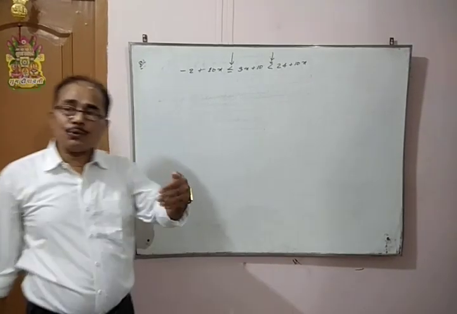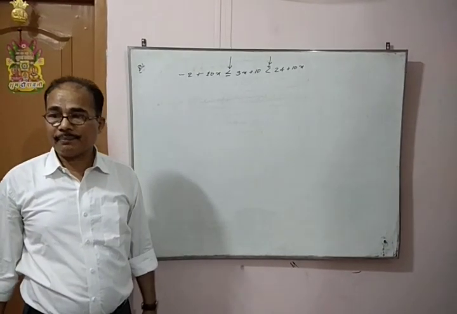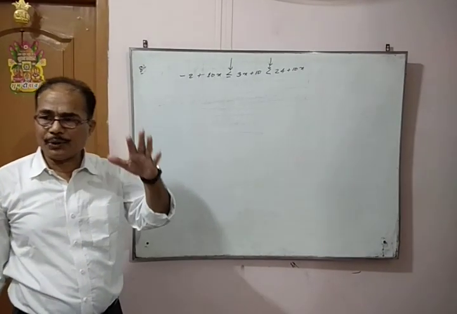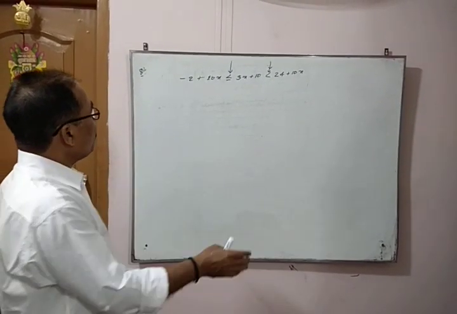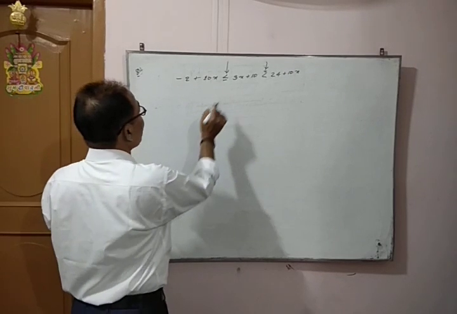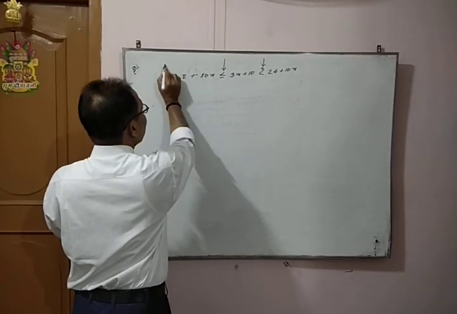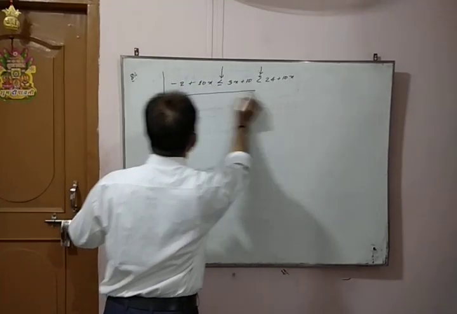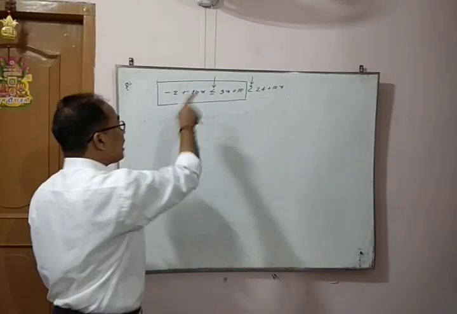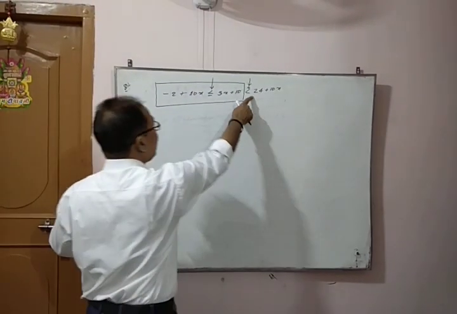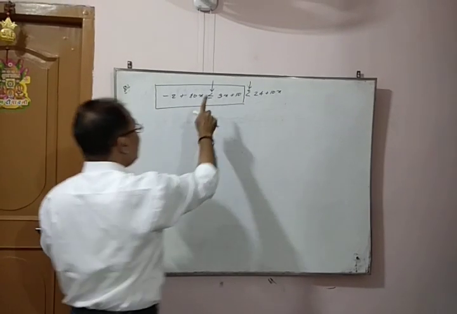Now the process to simplify the inequation: first you separate the group. Suppose this is your first inequality sign in the question and this is the second.